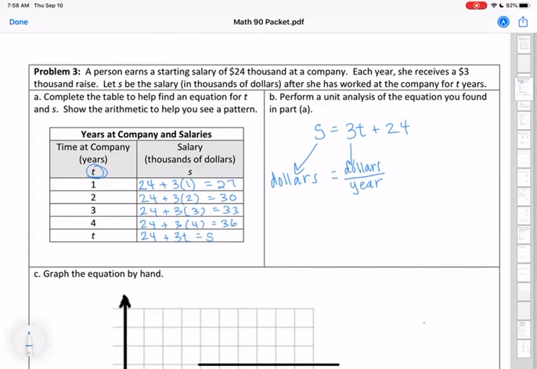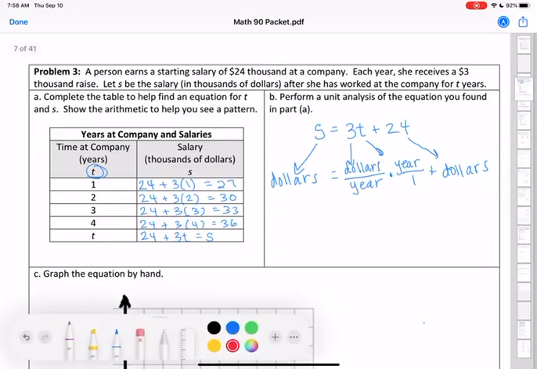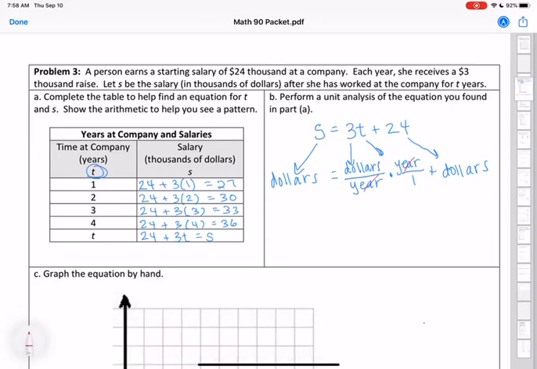Times T. What was T? T was time. And the time that we were talking about, the label was year. Since I'm multiplying it by a fraction, I'm going to write year over 1. Plus that 24, we're talking about dollars again, because that was her starting amount. So now we look at this and we see, oh, well, we had year on the top and year on the bottom.